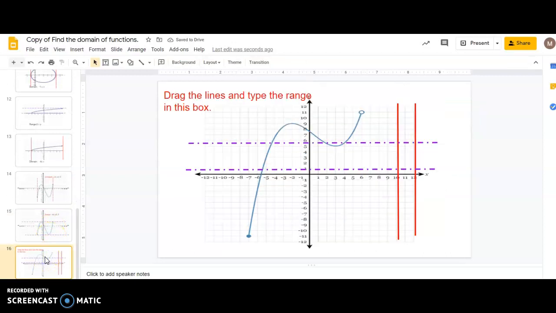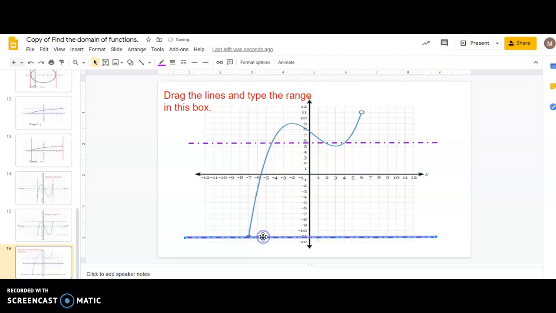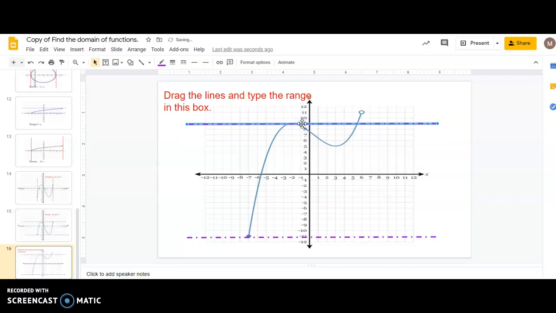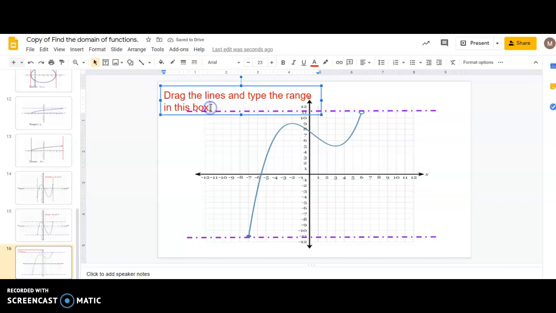All right, last one. It says find the range on this one again. For range, I don't need my vertical lines, so I'm going to click on them and erase them. And we've got to start from the bottom. What's the lowest it goes on the bottom, and what's the highest? This point right here is not the highest. The highest point is up here. So let's go ahead and do the range for this one.